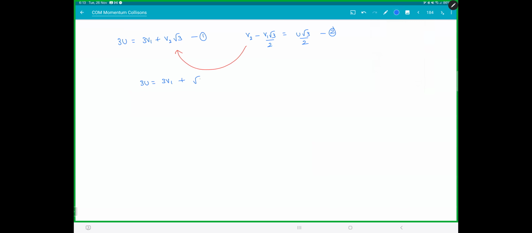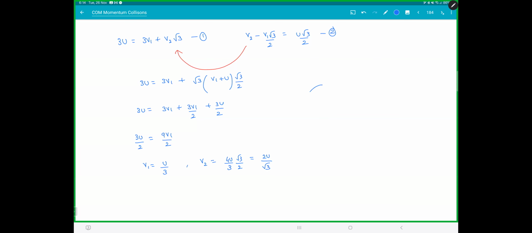So v2 will be root 3 into v1 plus u root 3 by 2. This will be 3u, this will be 3v1, this will be 3v1 by 2 plus 3u by 2. 3u by 2 is 9v1 by 2. v1 is u by 3. And what is v2? v2 will be v1 plus u, 4u by 3, root 3 by 2, 2u by root 3. There. So this is the final velocity.